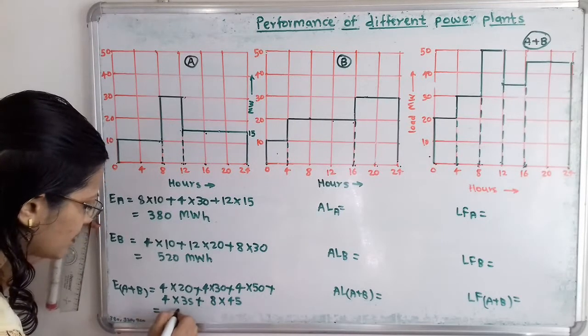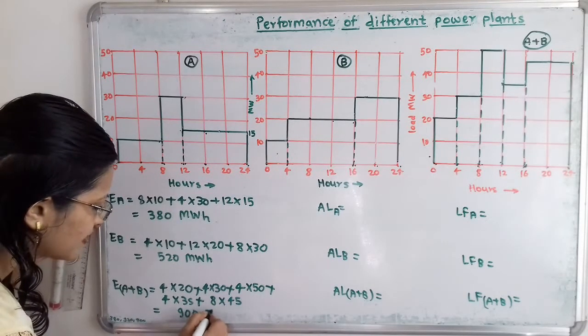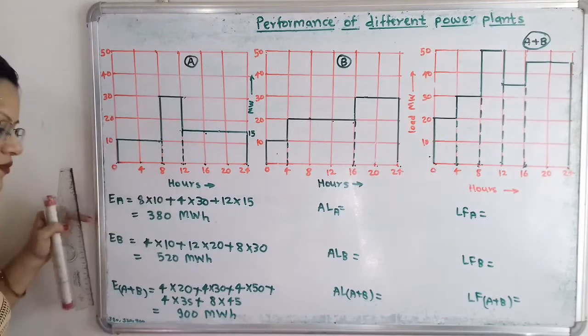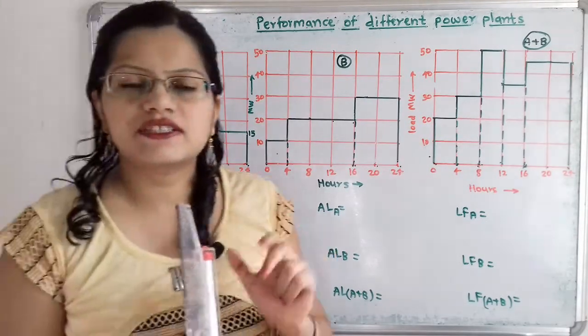Now when we calculate this we will get the answer 900 megawatt hour. So these are the 3 energy generated.